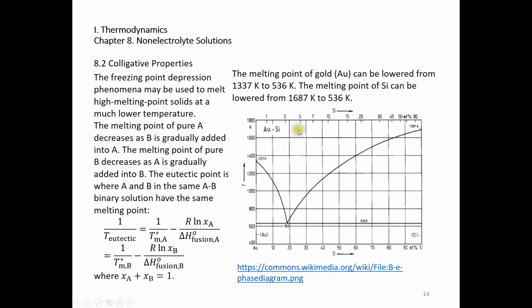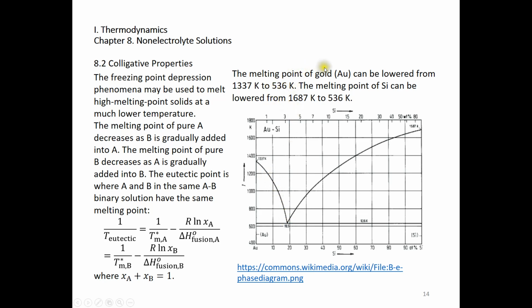Now over here we have the liquid phase. We have a solution made of gold and silicon. So let's look at gold first. 100% gold. But if we add a little bit of silicon into this liquid gold, it's going to lower its melting point. The more silicon we add into gold, the more we can lower its melting point. How low? All the way lower than 600 Kelvin.